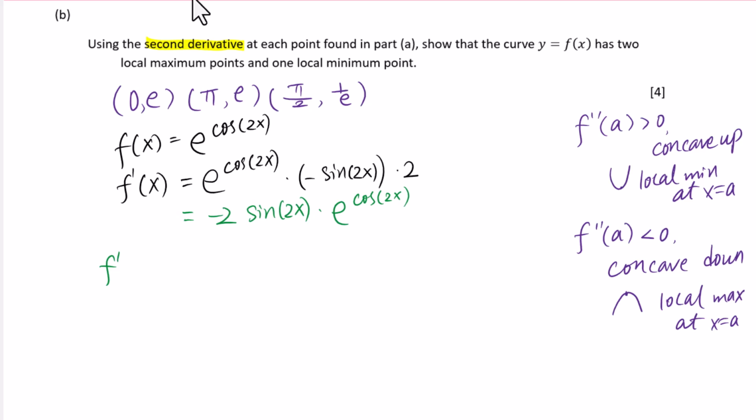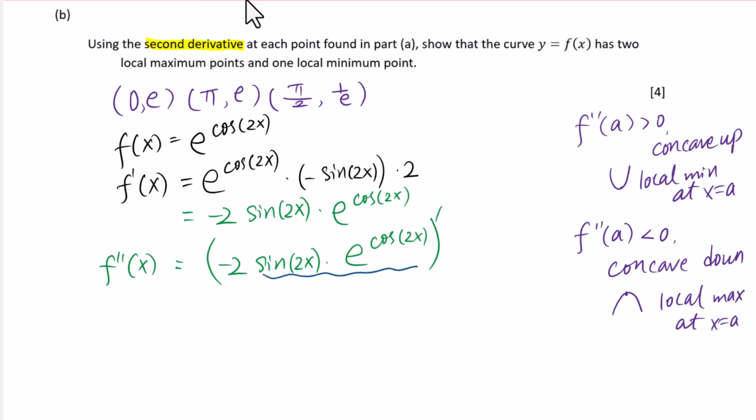Now, f double prime of x equals negative 2 sine 2x times e to the power of cosine 2x prime. Let's work out this first.